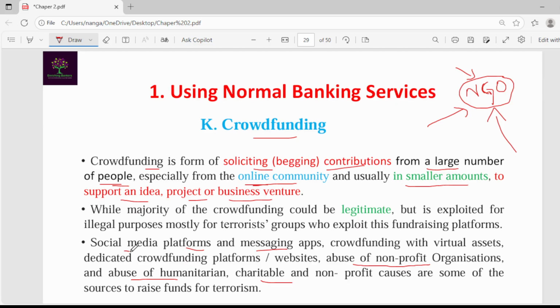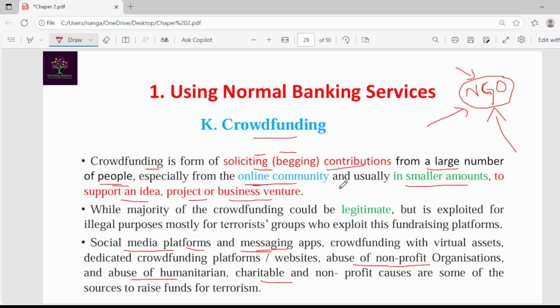In social media platforms and messaging apps, they solicit or beg contributions from a large number of people from the online community. So by watching ads, common people contribute their money to those NGOs.